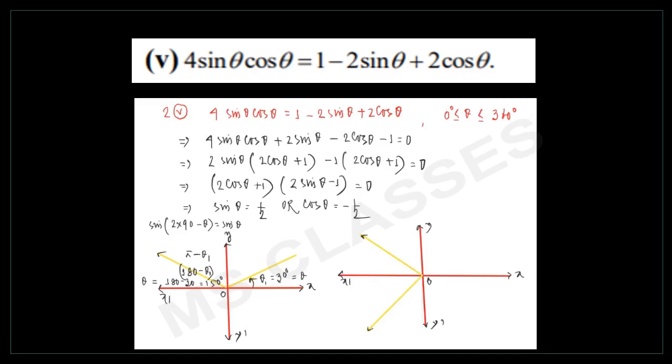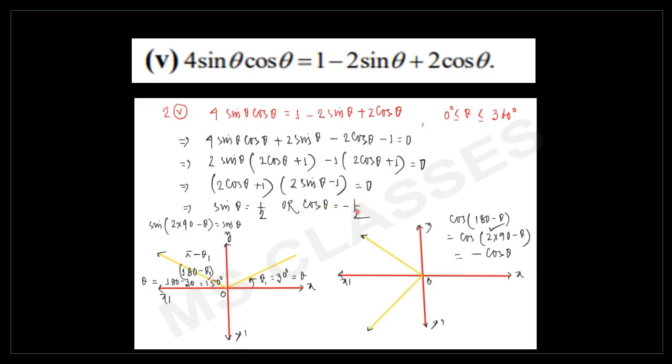Here we can say that cos of 180 minus theta equals cos of 2 into 90 minus theta. 2 into 90 means it will be cos theta only, but there is a minus sign in front because it's in the second quadrant. Now we think of it this way: for which value of theta will cos give us half? 60 degree.